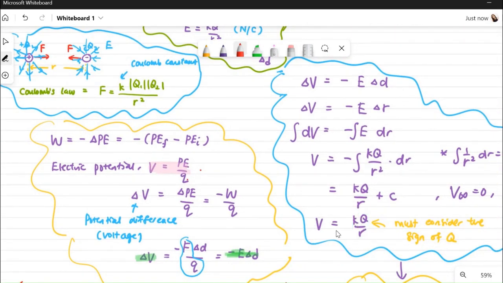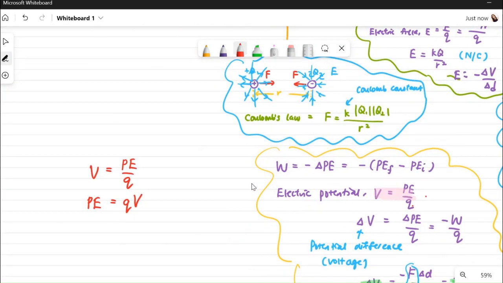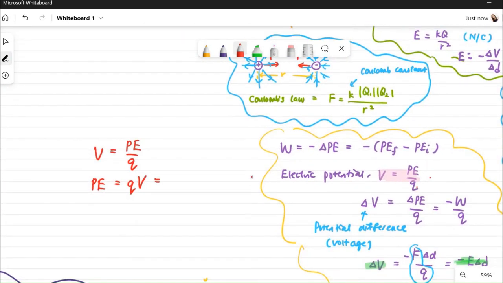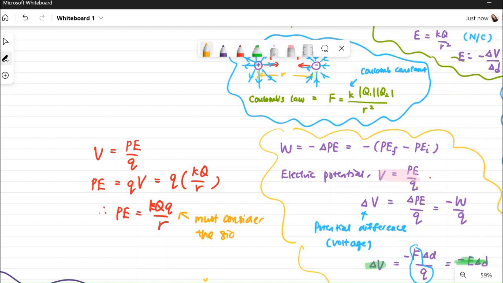We have derived that the electric potential due to a point charge is equal to KQ over R. So we substitute into the expression: V is equal to KQ over R. Therefore, the potential energy is equal to KQ squared over R. When we use this expression, we must also consider the sign of the charges.